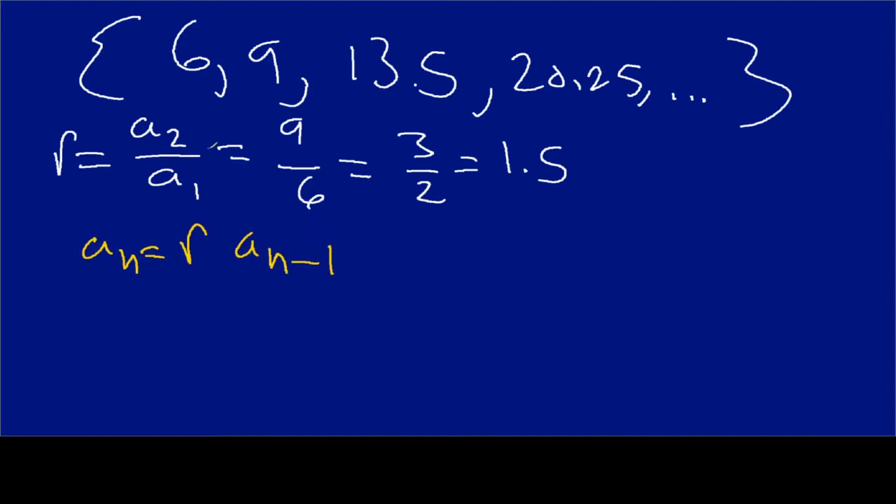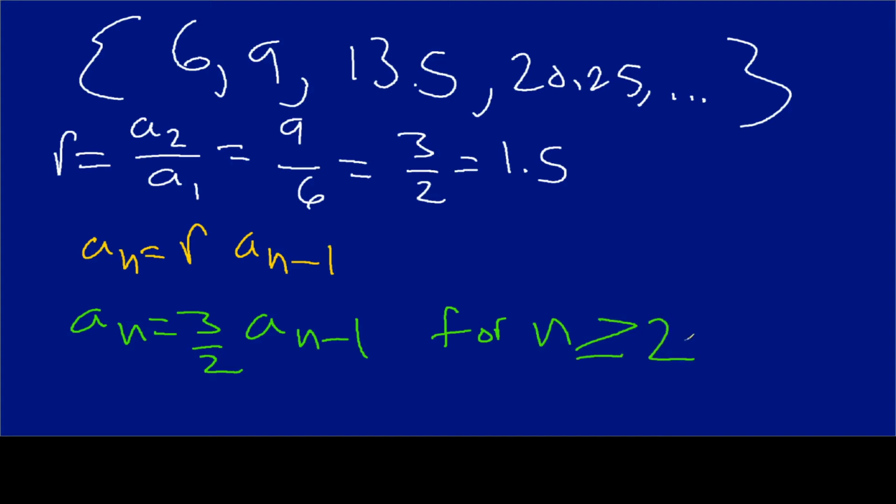So for our purposes, a sub n equals 3 over 2 times a sub n minus 1, for whenever n is greater than or equal to 2. And of course, when you have a geometric sequence, you always have the initial term. So in our particular situation, a sub 1 equals 6. That's how it works out.